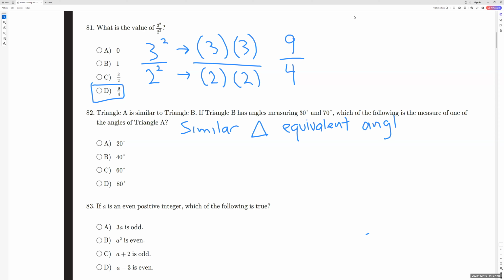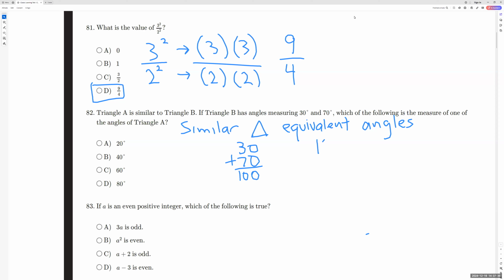So if one triangle is 30, 60, and 90, any triangle that is 30, 60, and 90 is going to be similar. So in this case, it's not 30, 60, and 90, it's 30 and 70. So we know that 30 and 70 add up to be 100, and we know, and it is in your reference sheet at the beginning, that the 3 angles add up to 180.